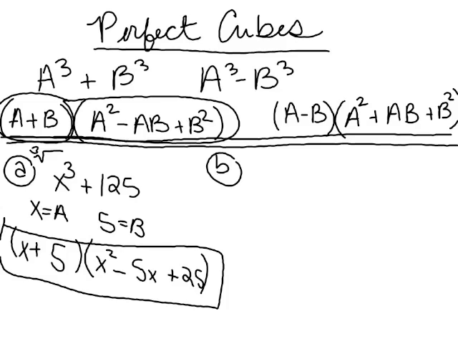Example B is negative 5m cubed n plus 40n to the fourth. Okay, that doesn't look like cubes to me.